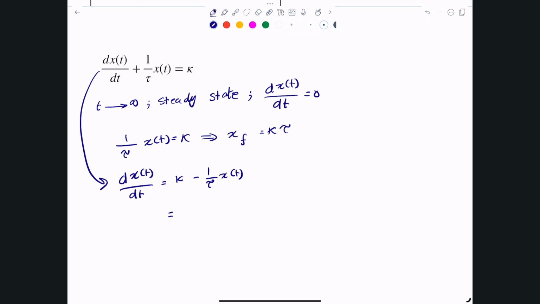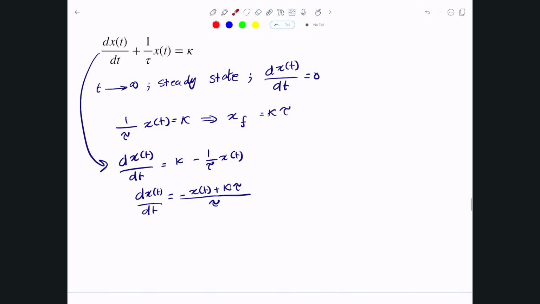So I'll do a little bit of algebra in here, and what we will do is we'll say, well, this one here we can just simply say negative x of t plus kappa tau, divided by tau, and that will be dx of t divided by dt.